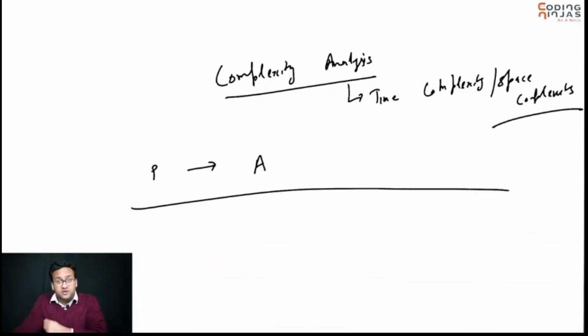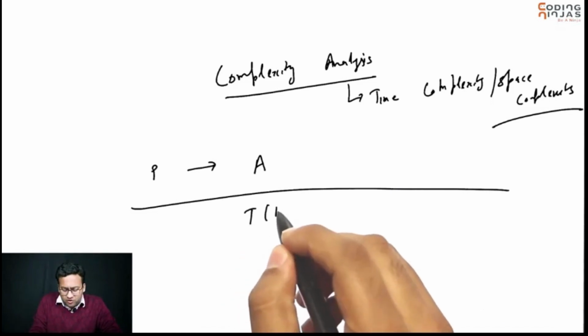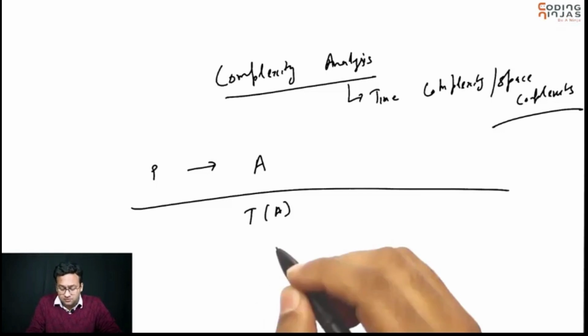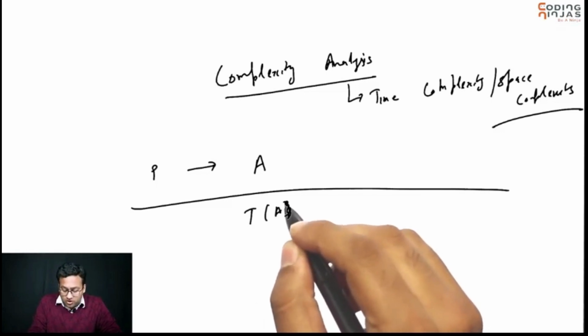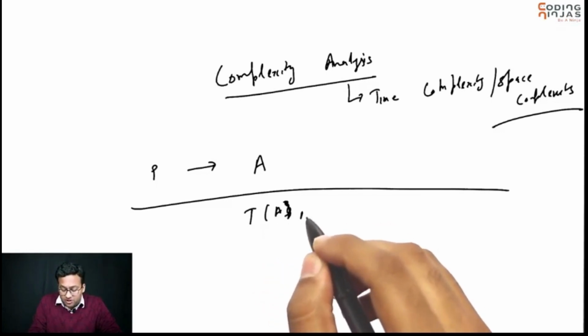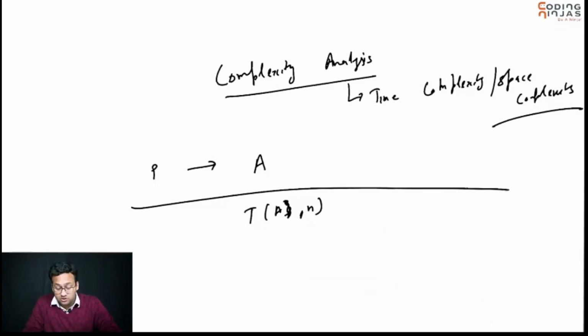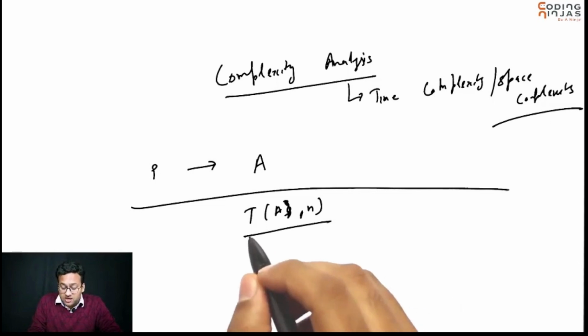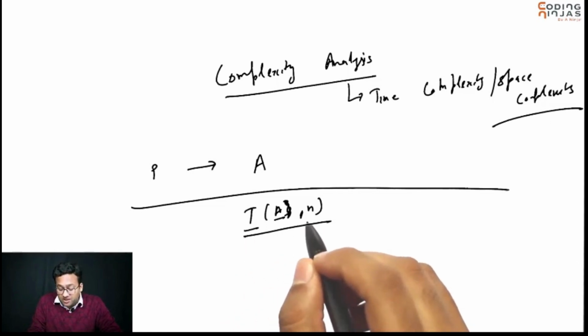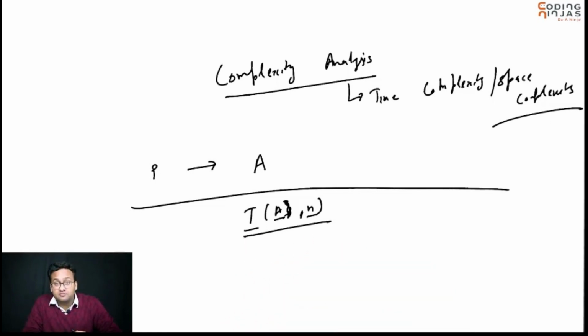So given an algorithm A, we want to reach this function. It's not going to just depend upon the algorithm, it's going to depend upon the input size as well. So we want to get to this function, which is the time taken by algorithm A for an input size of n. How much time will algorithm A take if I give it input size n?